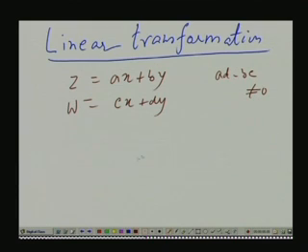So you can easily solve this, right? The solution x also will be available as a linear combination of z and w. Y will be available as a linear combination of z and w.